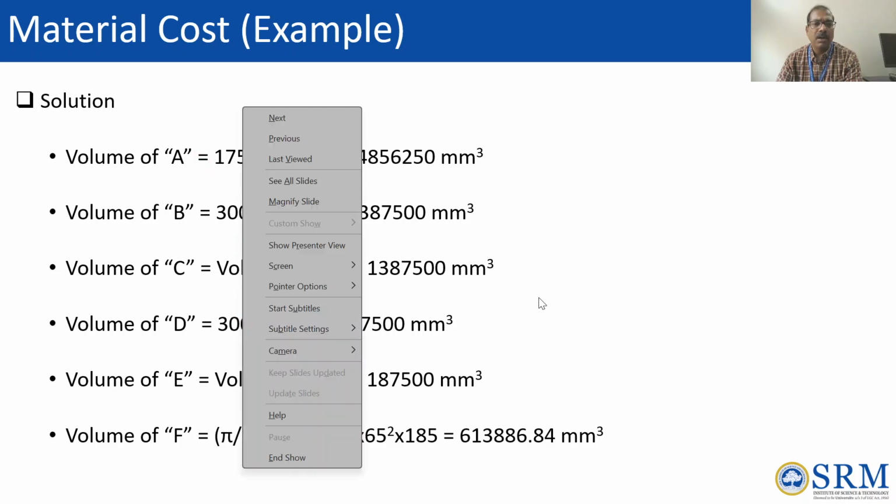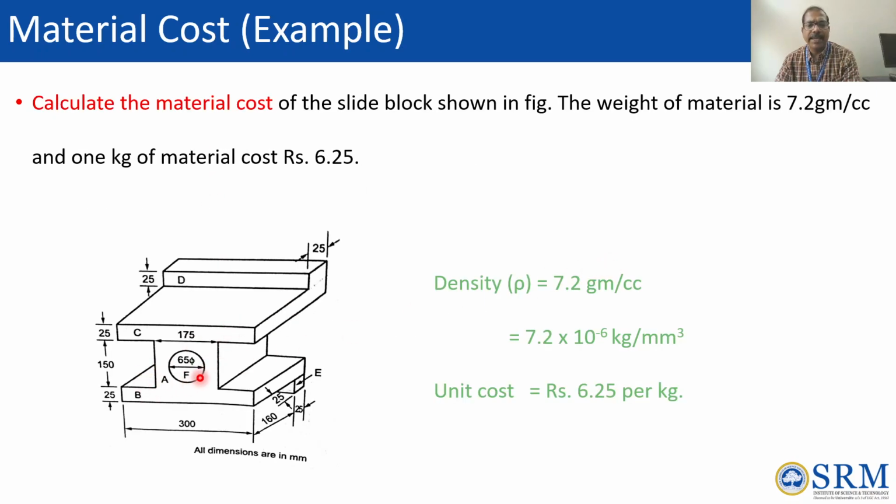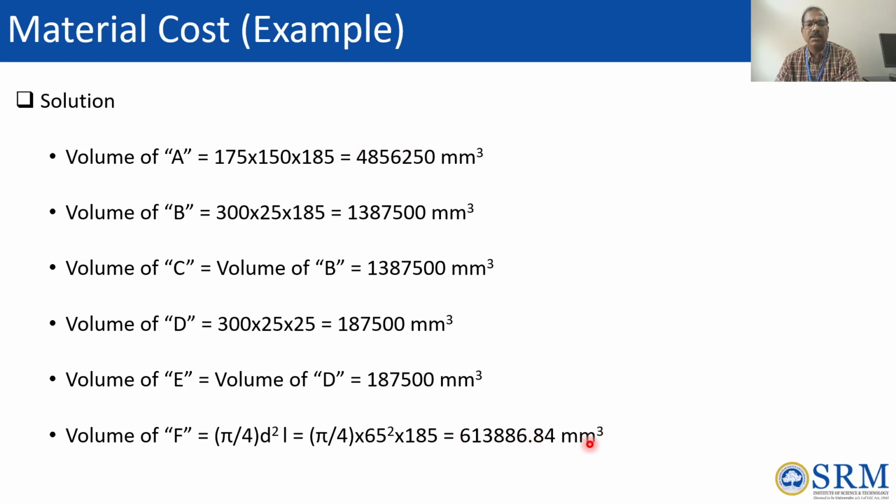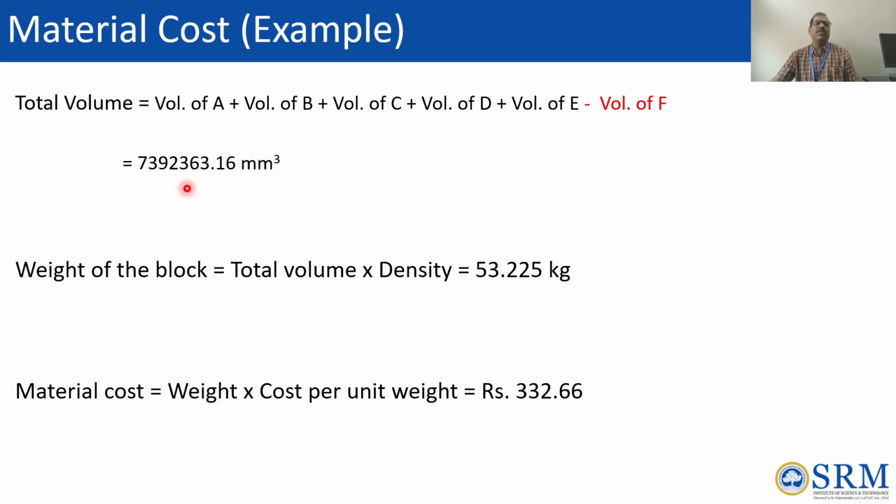What we need to do is subtract this from the total to get the total volume. So how is it done? Volume A plus volumes B, C, D, E, and finally subtract the volume F, because there is a through hole. By doing that we get the total volume.